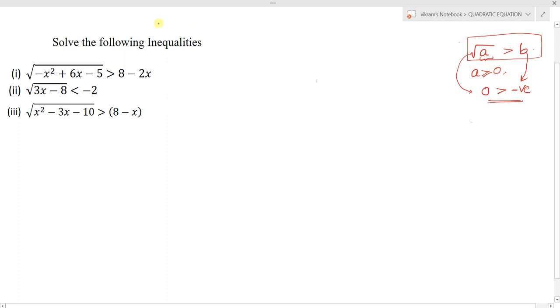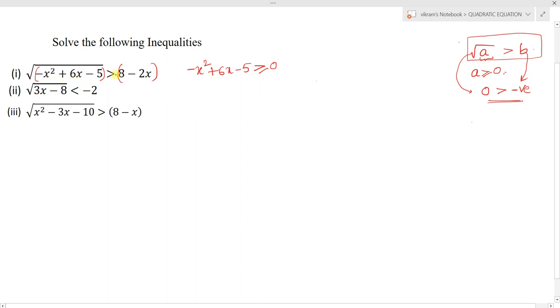Now observe: a greater than or equal to 0, and here in place of a we have minus x squared plus 6x minus 5, greater than 8 minus 2x. So minus x squared plus 6x minus 5 must be greater than or equal to 0 under the square root.